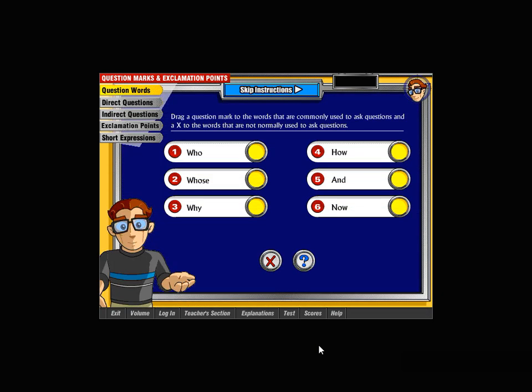OK. So, certain words are usually associated with questions, but let's see if you can tell which ones. Drag the question mark to the words commonly used to ask questions, and the X to the words that are not. When you've finished, click Done.